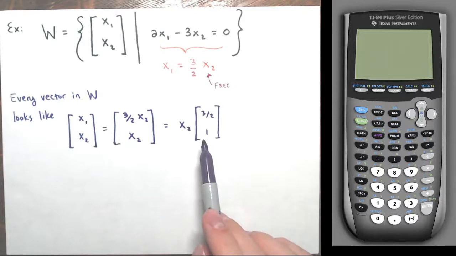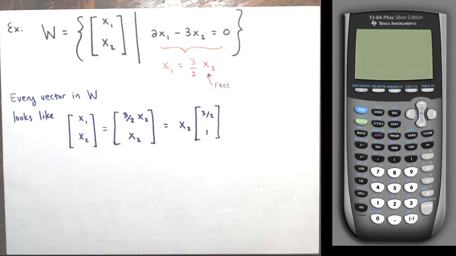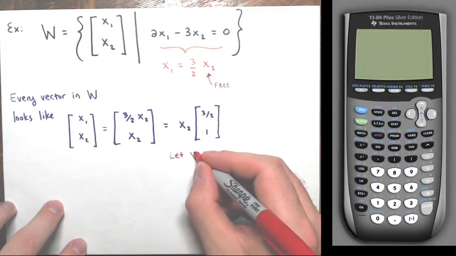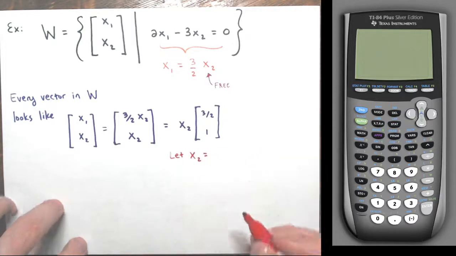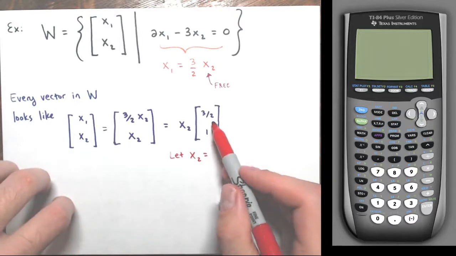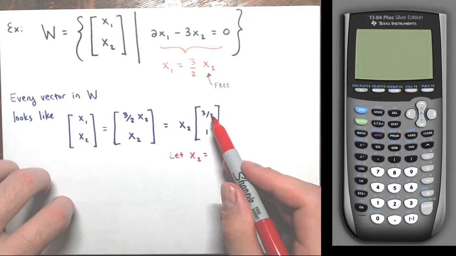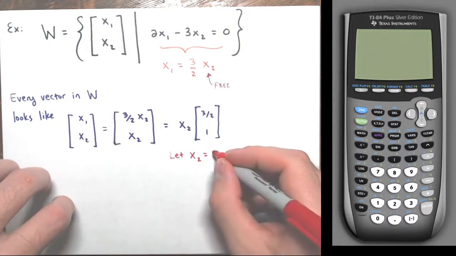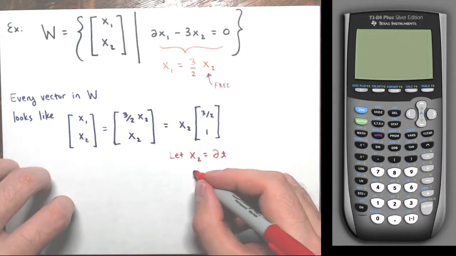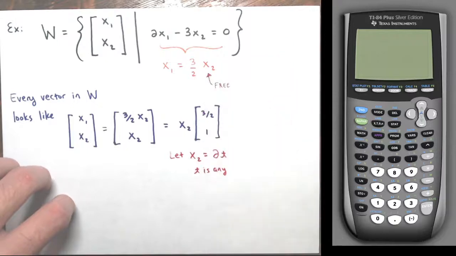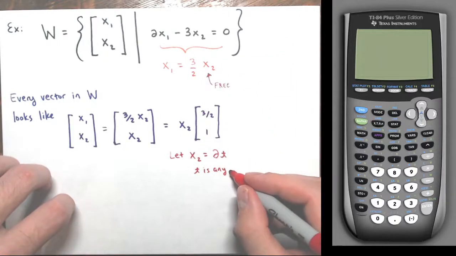Alright. Now if you don't like the fractions, I could replace x2, and I've done this with free variables before, right? The least common denominator of these numbers is 2. So I could replace x2 with 2t, where t is any real number. Because remember, x2 is a free variable. I can let it be any real number I wish.